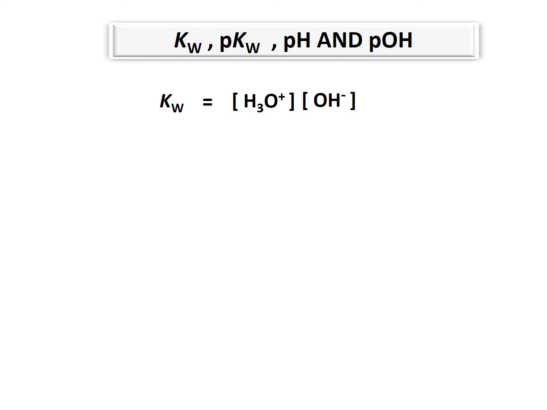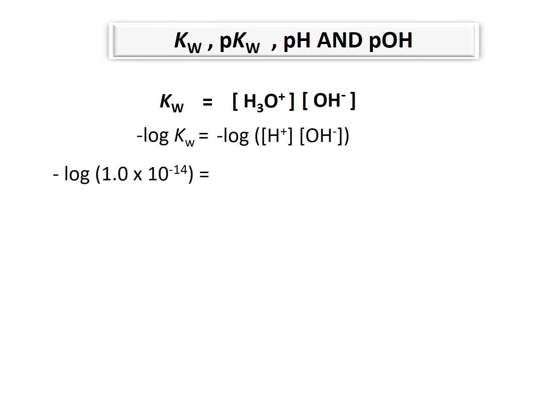By taking the logarithm of both sides and multiplying by -1, we obtain the following expression. By substituting the value of Kw, which is 1 times 10 to the power of negative 14, the following is obtained.